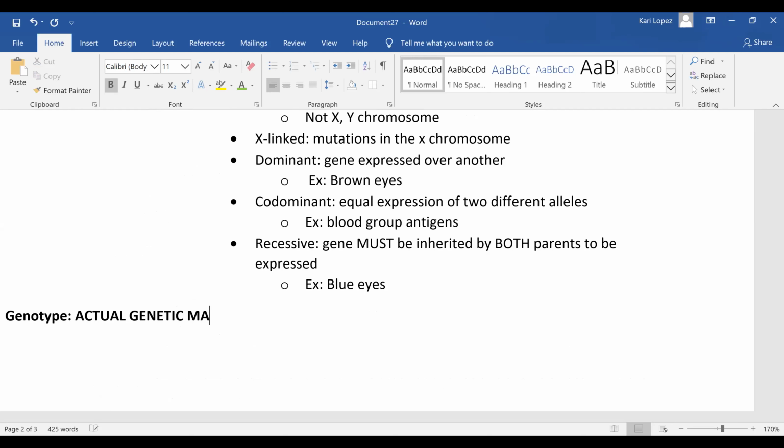So your example for this would be AA versus AO. That would be genotype. And group A would be your phenotype.